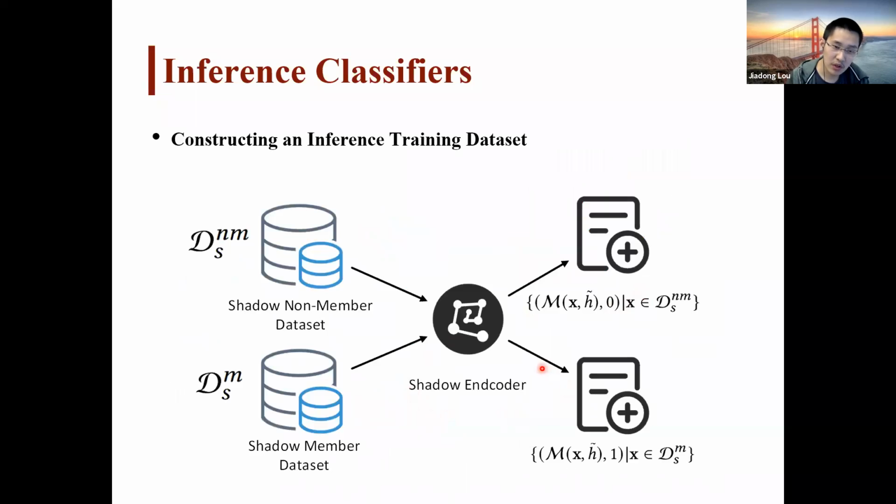Here the shadow encoder is used to construct this training data set. They want to know, if the data is not used to train this encoder, what the feature vectors and the similarity scores of the feature vectors look like, and if the data is used to train such a shadow encoder, what the characteristics of the similarity scores are.